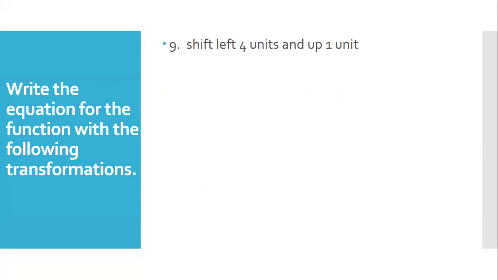So now I'm going to tell you in words, and you're going to create the equation. So we have shift left 4 units and up 1 unit. Which 2 variables am I describing? The h and the k. So we know our h equals, if I'm going left 4, what? Perfect. And if I'm going up 1, our k equals 1.